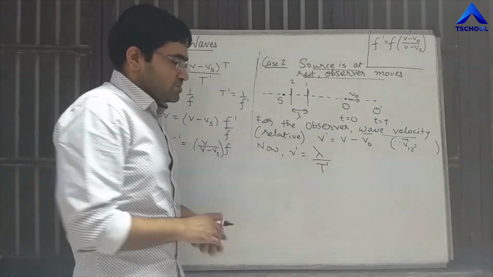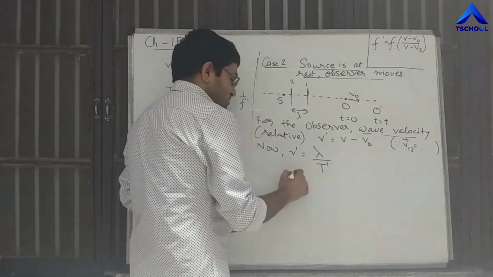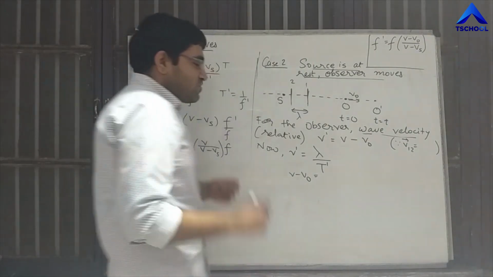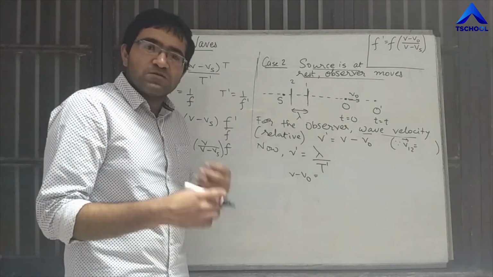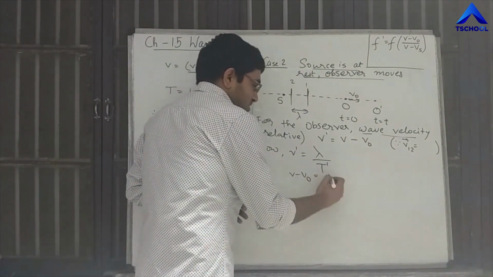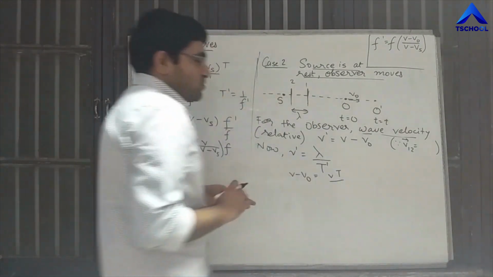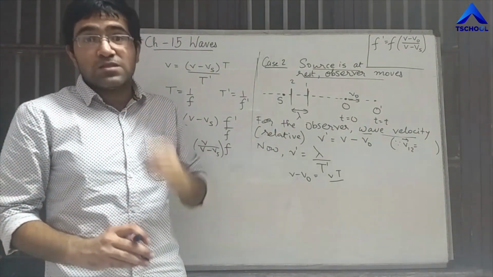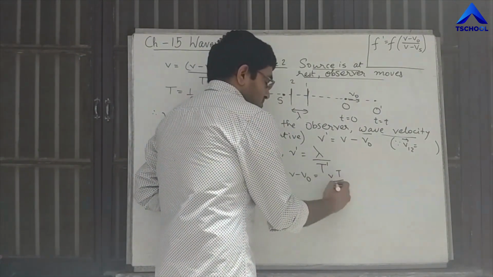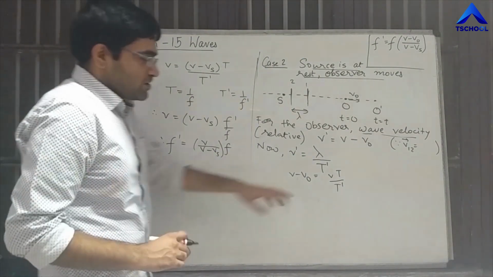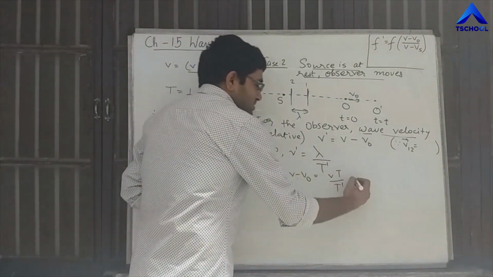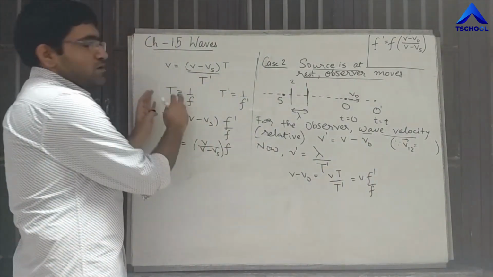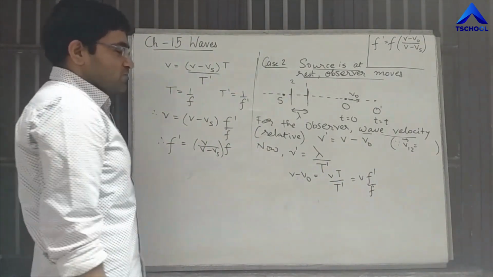But that's not a problem really. We are going to put v dash's value, v minus vo, equal to lambda upon t dash. Now, we want a relation where everything is in form of the velocities. So I am going to write lambda as v into T, the basic formula that the true wavelength is wave velocity v multiplied by the time period of the source, upon t dash. Now just like we did earlier, T upon T dash can easily be written as f dash upon f, because time period and frequency are inverse of each other.